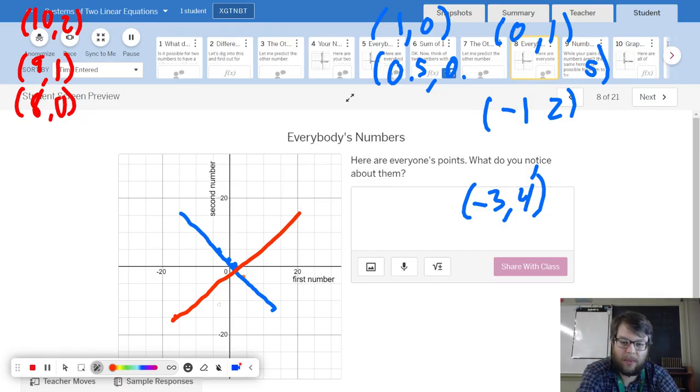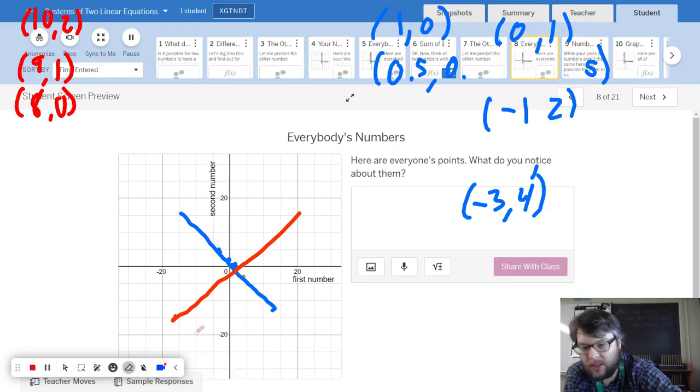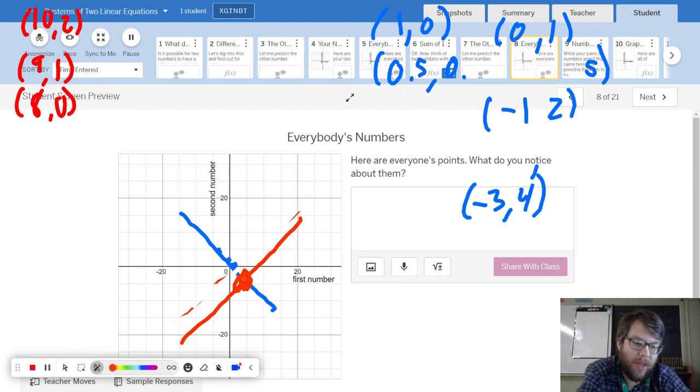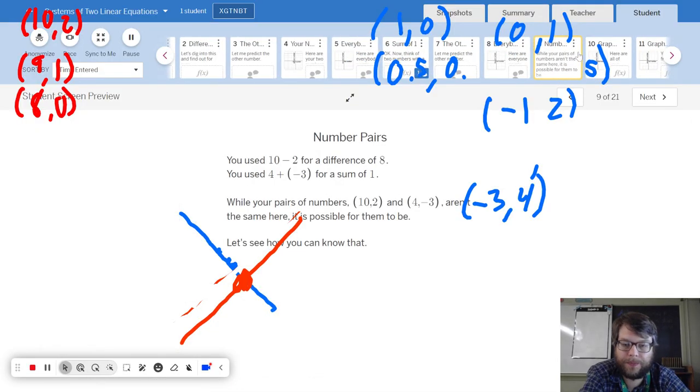And the key thing to think about when you're doing this activity is that there is some place where they both cross over. I didn't make sure that these lines are accurate. Actually, I'm noticing that my red line was a little bit off because it should be touching at 8, not where I drew it. So it should be hitting at 8. So my red line would be looking more like this. So there's some point right around here where they cross over, and that point on both of those lines is this one number pair that's a solution to both.